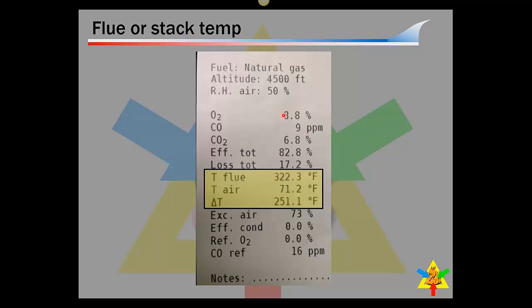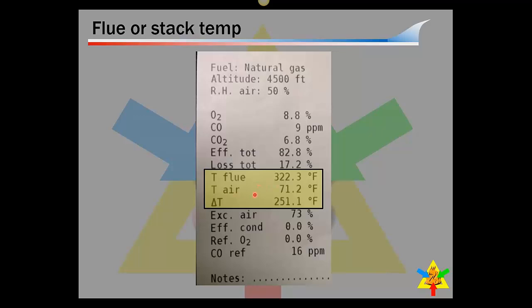And lo and behold, when I see that, I see these other numbers skewed too. So water heaters and mid-efficient furnaces and atmospheric boilers, this number will be between 300 and 500 degrees when that thing is up to operating temperature. On 90% furnaces, it should never be over 140, and you can see it as low as 90 degrees. Okay, that's no big deal.